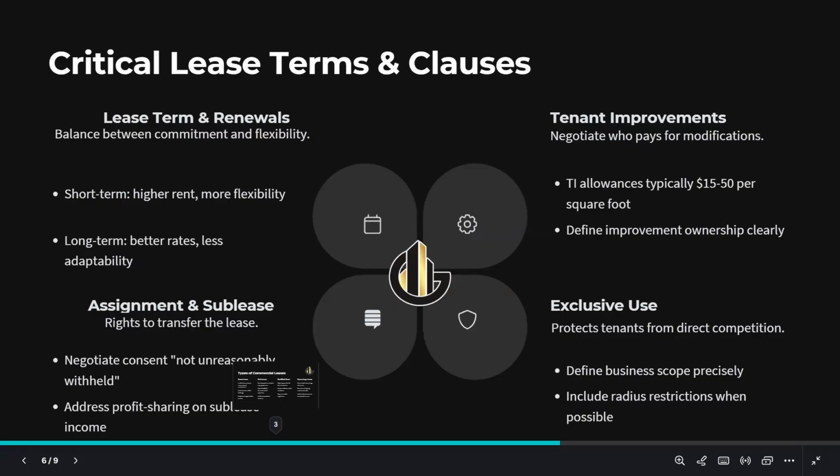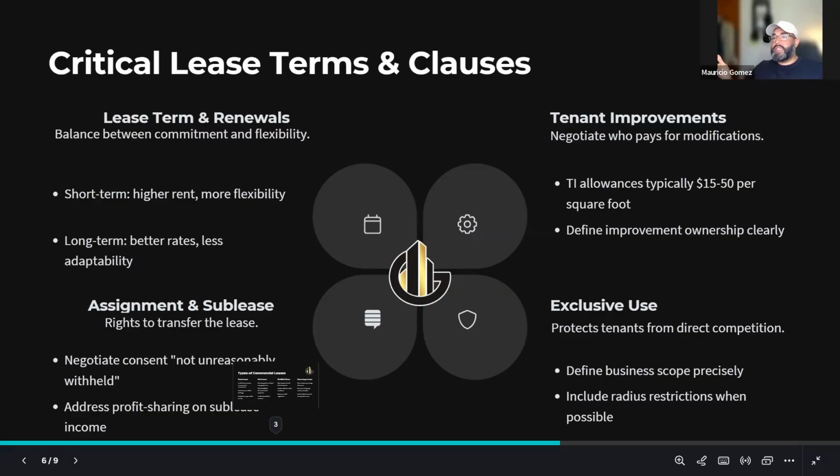Tenant improvements, negotiate who pays for the modifications. This is something that I've been seeing less and less of, but when you're dealing with newer build outs, you do tend to see a lot more tenant improvement allowance. And what is the tenant improvement allowance?